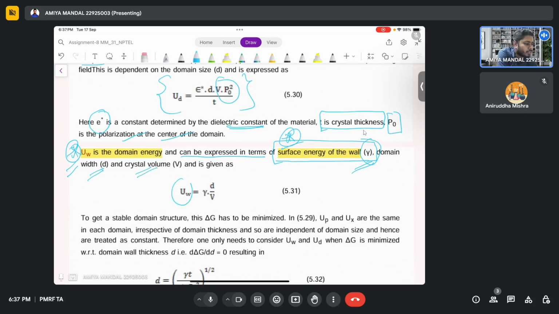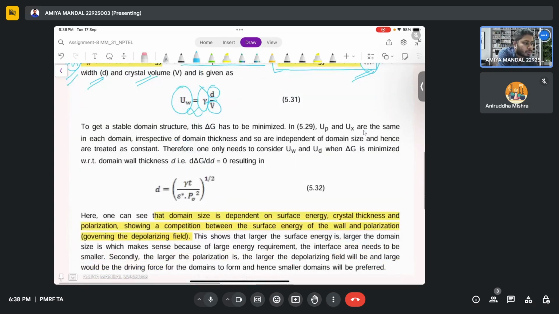So domain wall energy is directly proportional to the surface energy of the wall and directly proportional to the thickness or width. The thicker it is, the larger the domain energy gets, and it is inversely proportional to the volume.